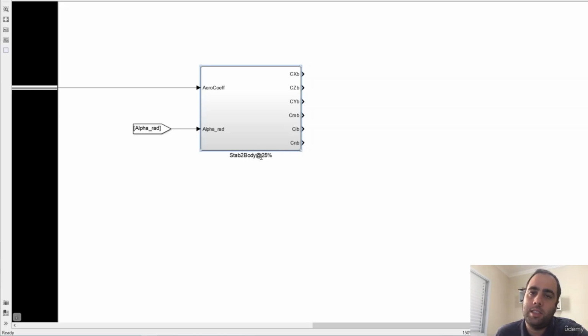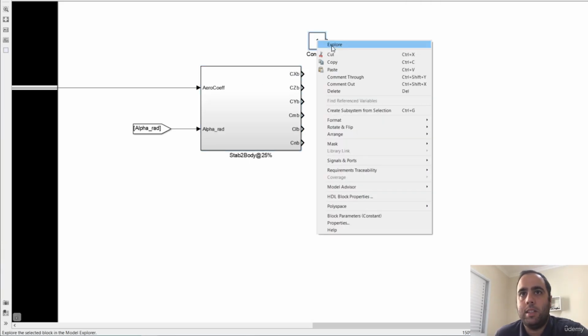The CG at which we normally derive the aerodynamic coefficients is at 25% of the mean aerodynamic chord. But when we fly, we can have the CG varying around this value, so we need to correct them, as you saw in a previous lesson.